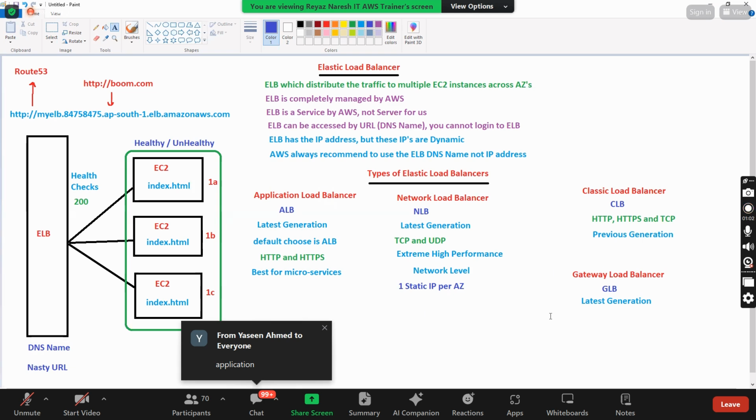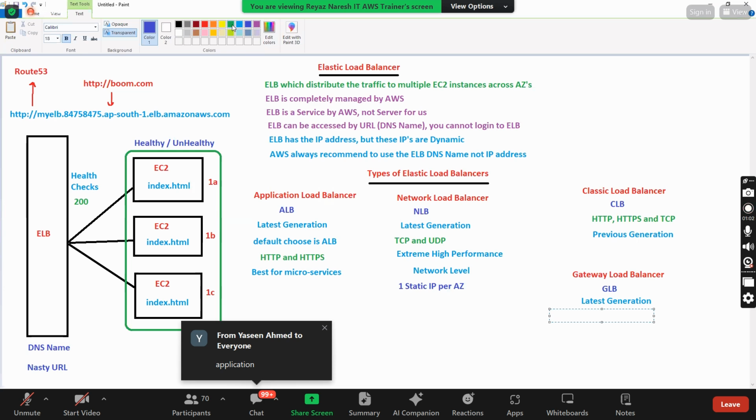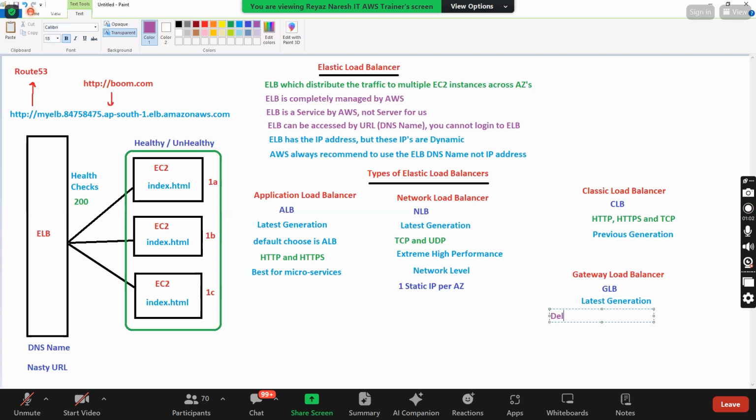And gateway load balancer, we need not worry and need not use. This one is for security purposes. If you want to deploy, manage, and scale a fleet of third-party network virtual appliances in AWS, then go for gateway load balancer.